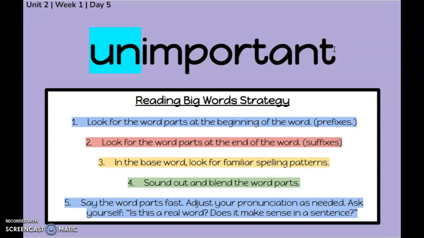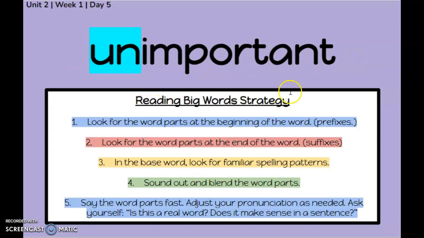The next thing I'm trying to find in these words is a closed syllable sound. Unimportant has 4 syllables. Let's see if one of these syllables has a closed syllable sound. Unimportant.